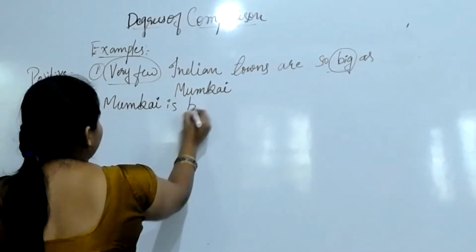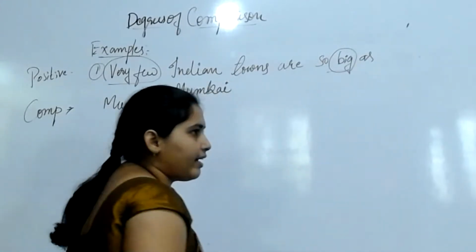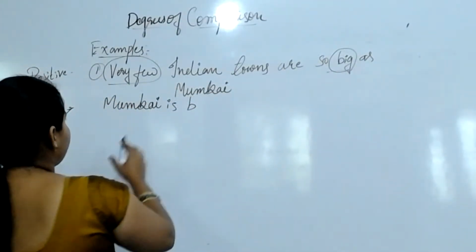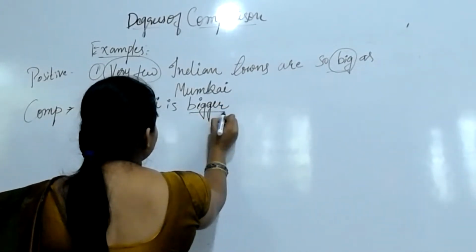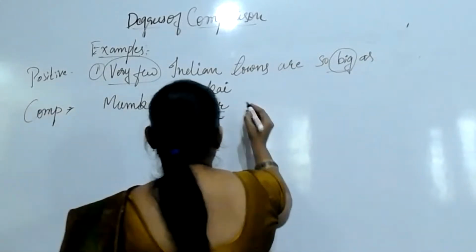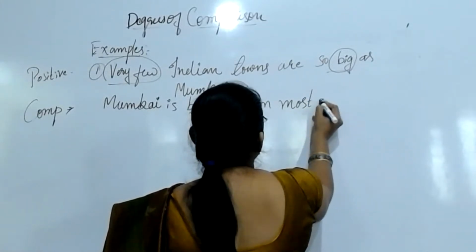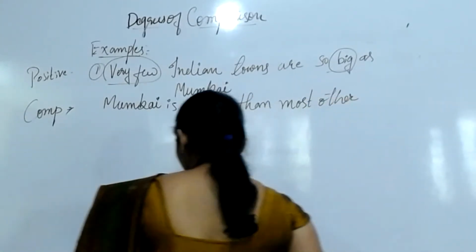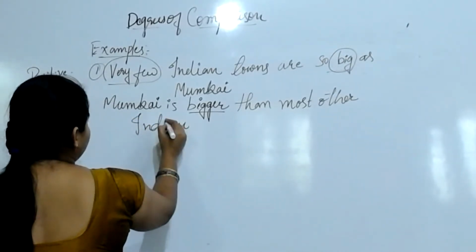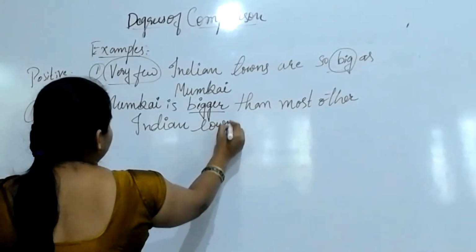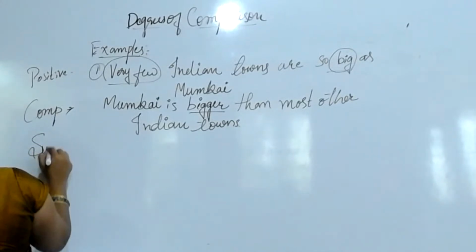Mumbai is. So now the word is preceded by a vowel and ends with a consonant. So it is Mumbai is bigger. Big will change into bigger than most other Indian towns. So now superlative degree.